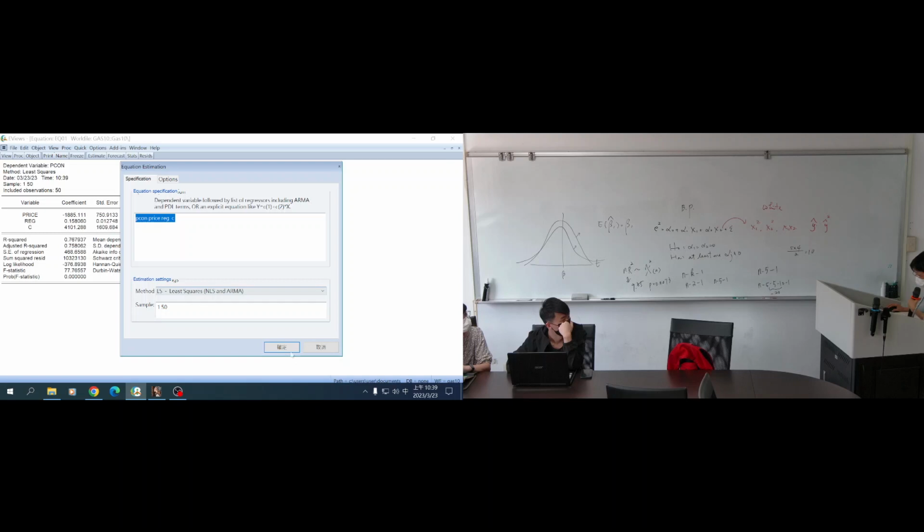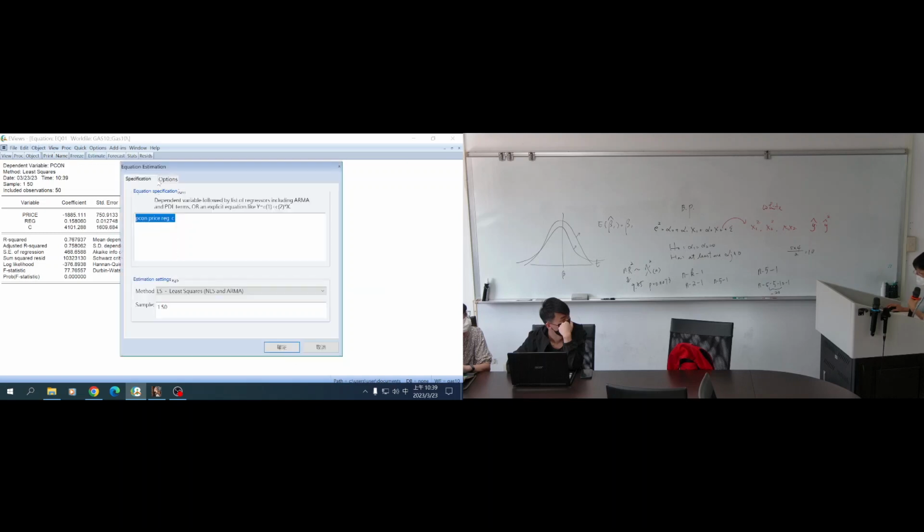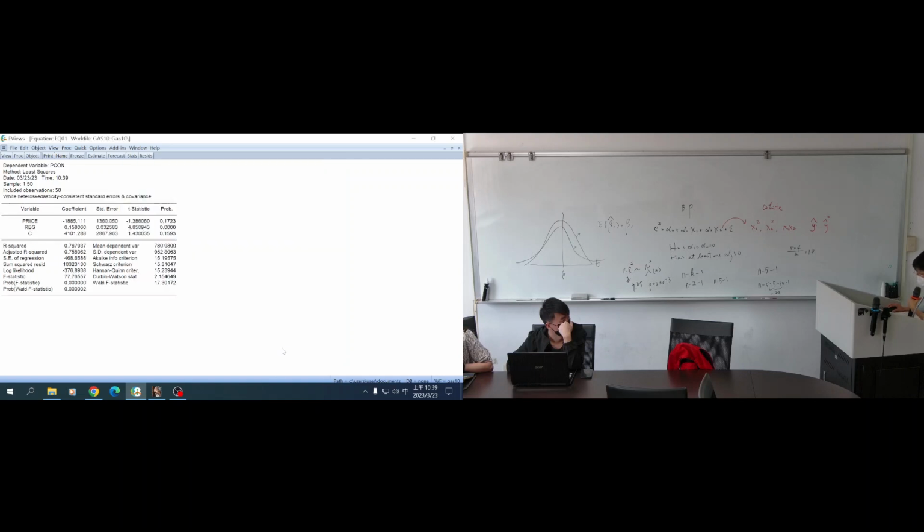Estimate, then options, right? Then I'll choose White, then I hit OK. All right, this is what I have. I'd like to compare this one with the original one without correction. Look at this one. Do you see that?